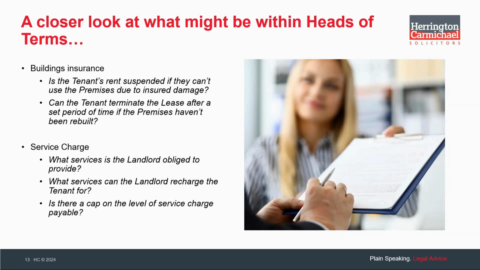And there are obviously more drafting provisions to consider, but it would be very wise to include in the heads of terms whether the landlord is taking responsibility for uninsured risks or for the parties to set out the position that's been agreed.